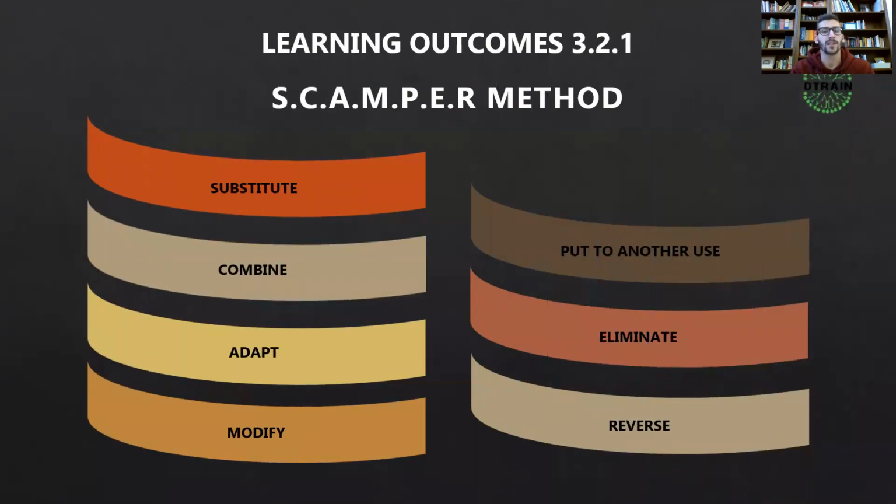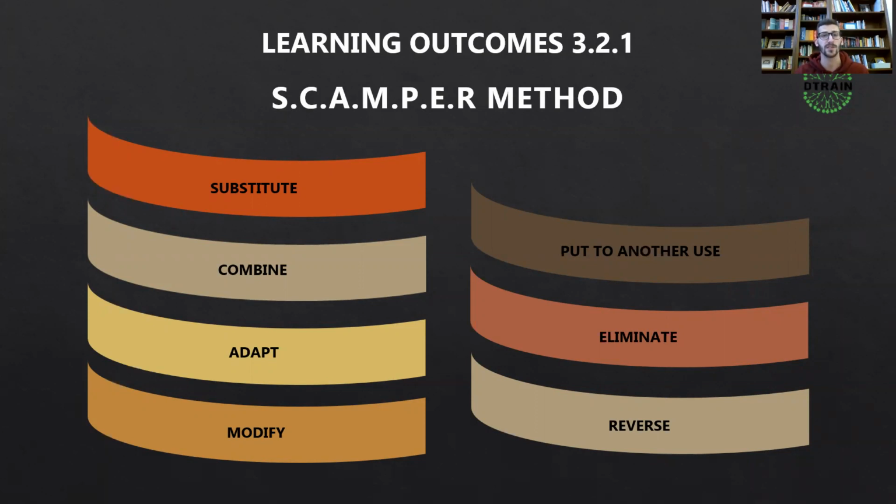Okay, the first learning outcome, the S.C.A.M.P.E.R. method. There are different techniques for creative thinking. Here we focus on the S.C.A.M.P.E.R. In this method, there are 7 different questions to encourage and inspire team members to address the problem through 7 unique ways.